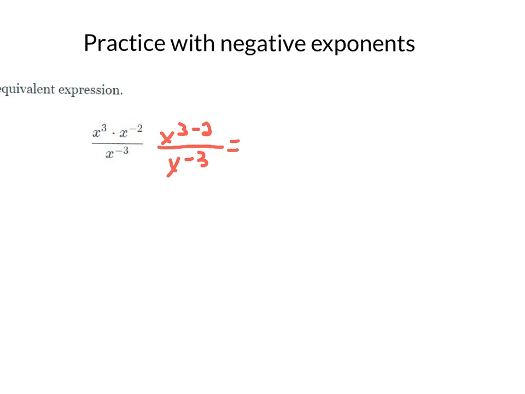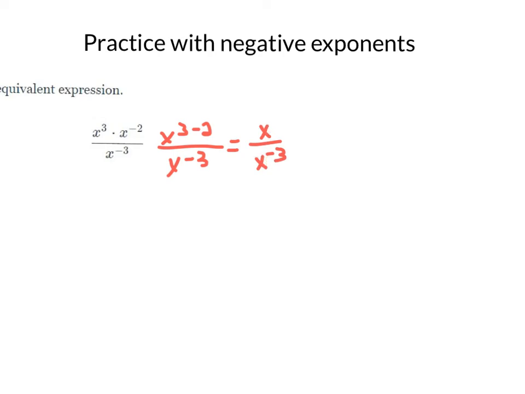All right, so now we're going to end up with x in the numerator over x to the negative 3. Well, now we have a division problem where we have x with an exponent of 1 divided by x with an exponent of negative 3. Remember, when you divide with exponents, you subtract the exponents. So this is going to be 1 minus negative 3.